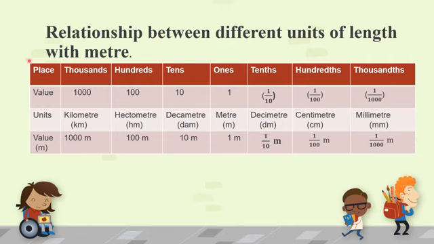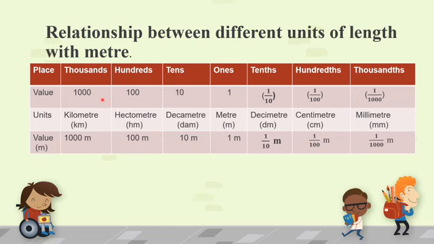The first row is the place value. This is your ones, tens, hundreds, thousands, and then when you go to the right side, it becomes your fractional part, or you can say decimal part: tenths, hundredths, thousandths, and then it is represented in value form.